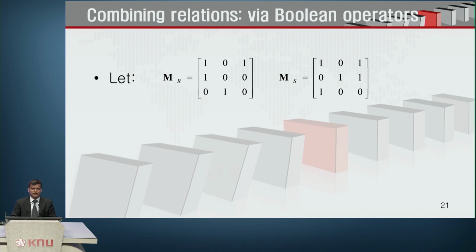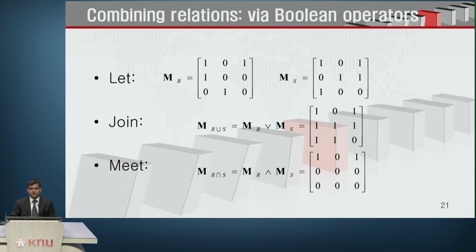Here are two matrices expressing the relations R and S. When you join them, or R union S, in other words, you are applying the OR operator among these two matrices, and the output is this matrix. That's the joining, and meeting uses the AND operation, like an intersection. Yes, the AND operation of the given matrices.